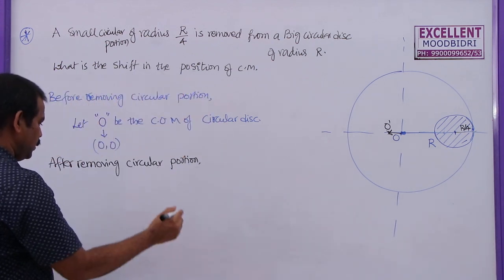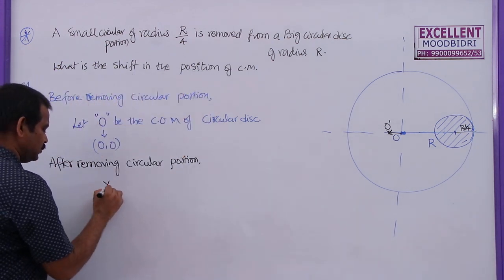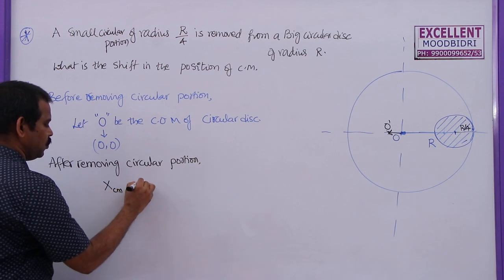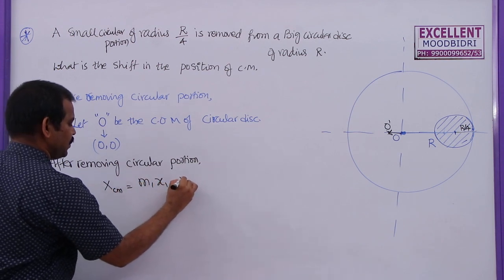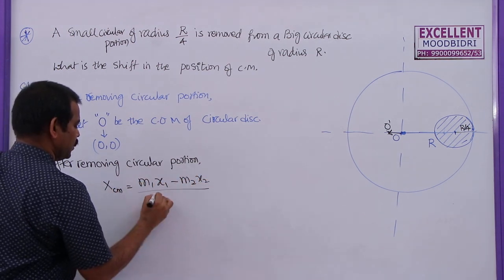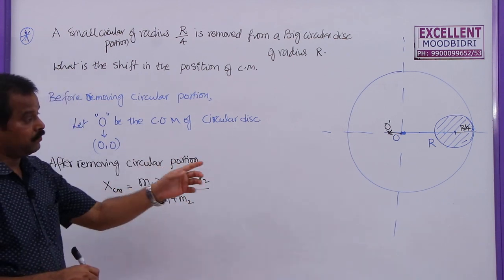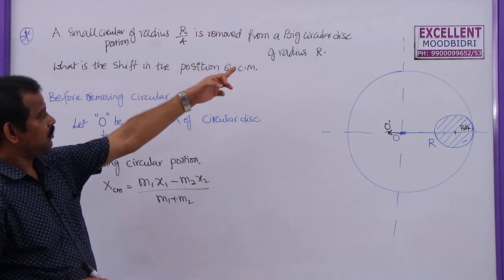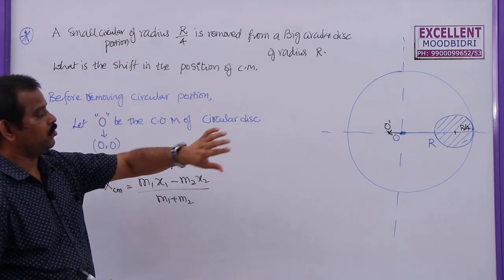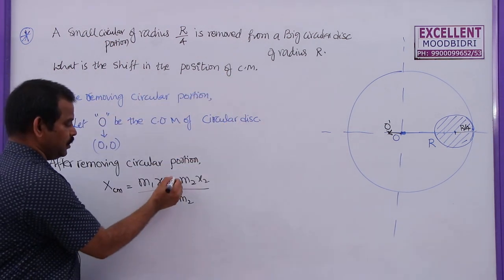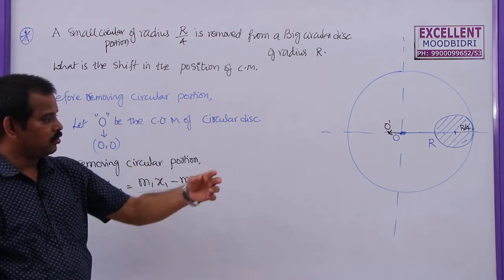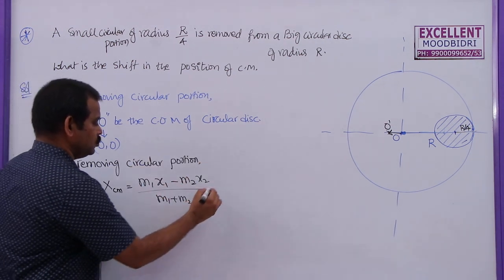Now, for this I am going to write x_cm equals (m1 x1 minus m2 x2) by (m1 plus m2). For a circular disc, if a small circular portion is added, you write plus here, but it is removed, so you write minus here. What is the mass?